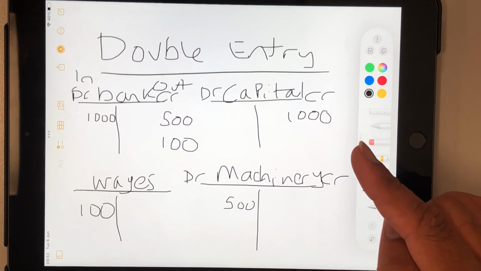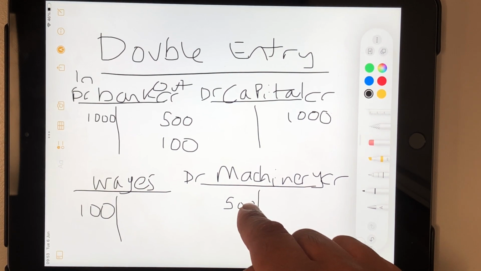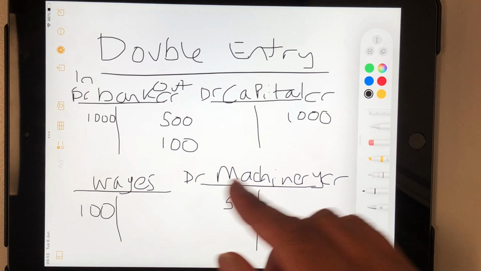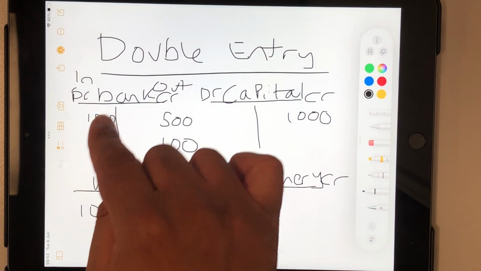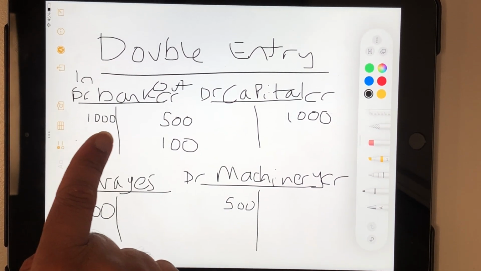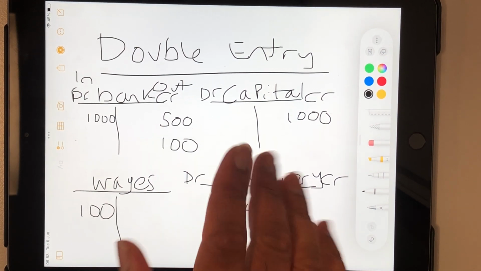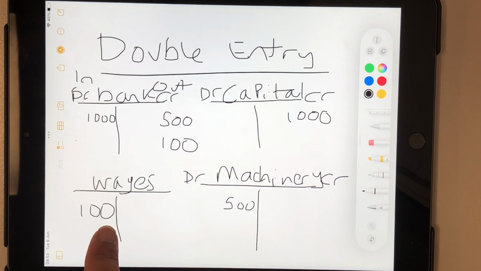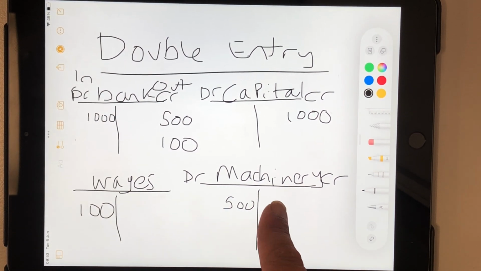Your answer will be, I spent 500 on machinery and 100 on wages. That's £600. Where's the rest of it? It's in the bank, because I had 1,000 coming in and 600 going out. So I've got £400 left in the bank.